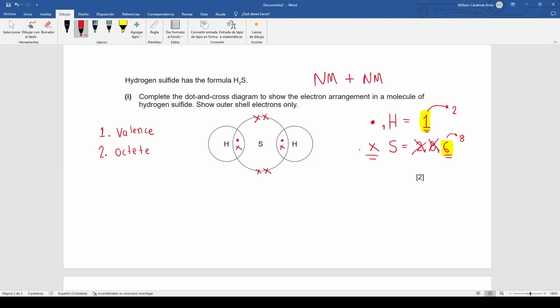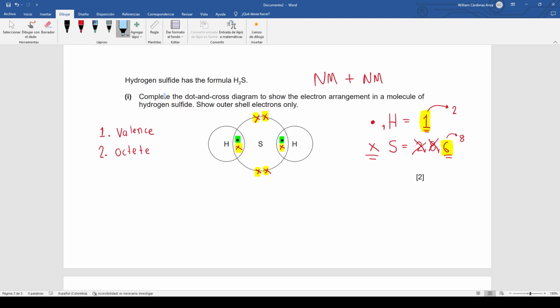And okay, now we have the valence, which means that we have 6 crosses here. Look. And we have 6 electrons. And also, we have to check that we have the octet. So we have 6 and 2 electrons that were shared by hydrogen. And now we have 8 electrons in the sulfur.